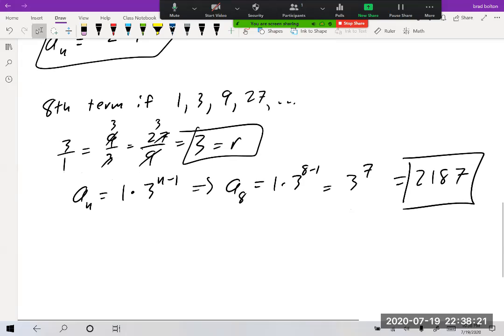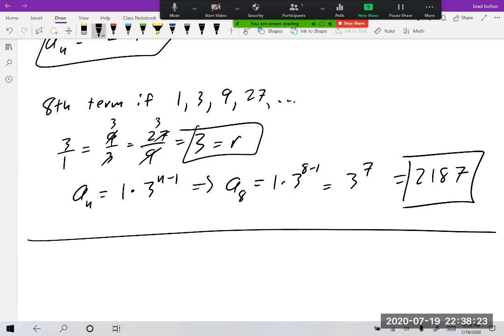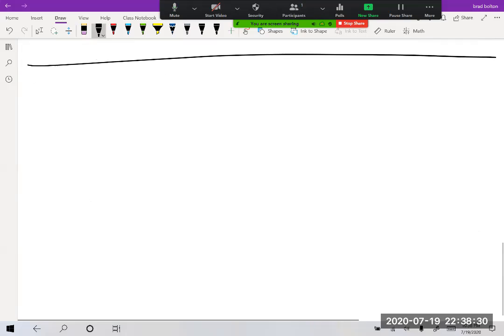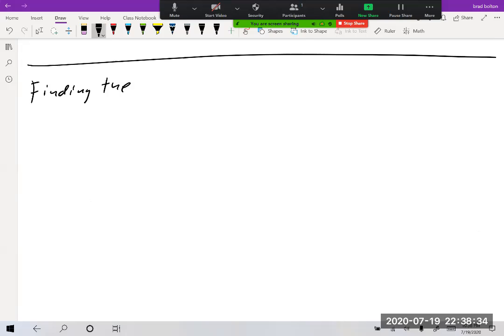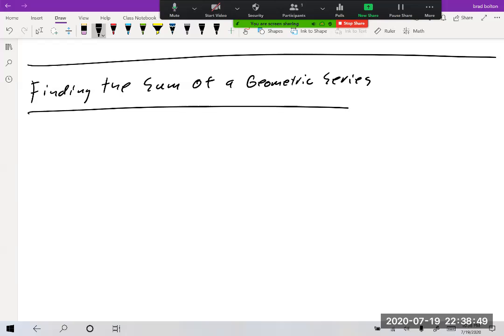Now, there are 2 formulas to find the sum of a geometric series. Okay. Well, here's the thing.